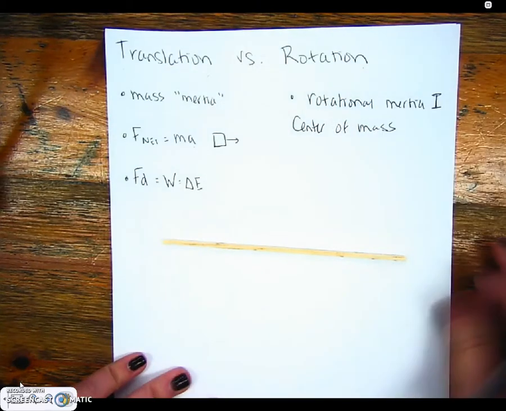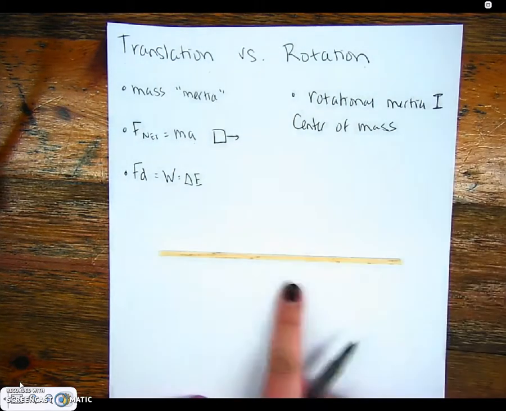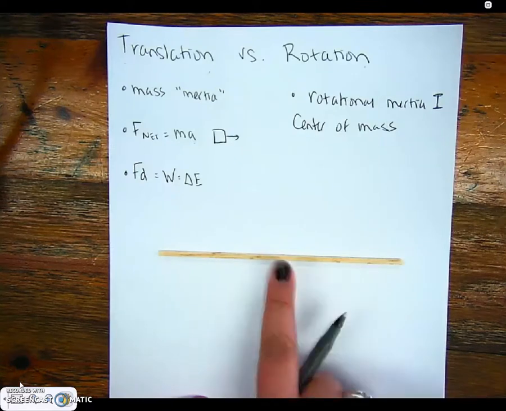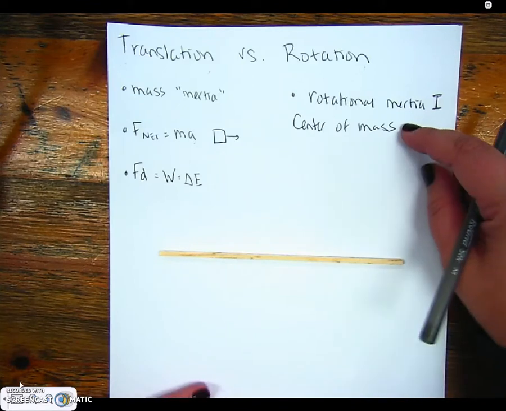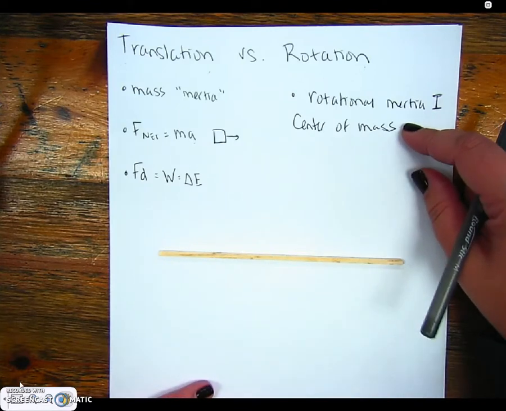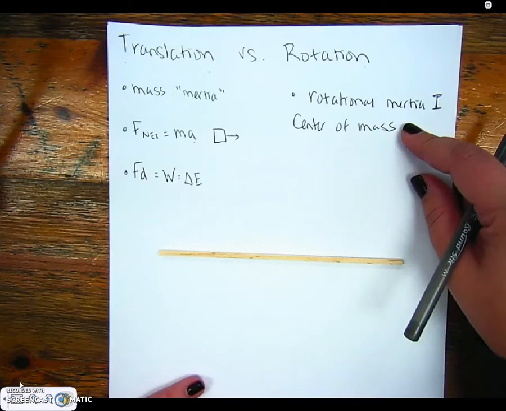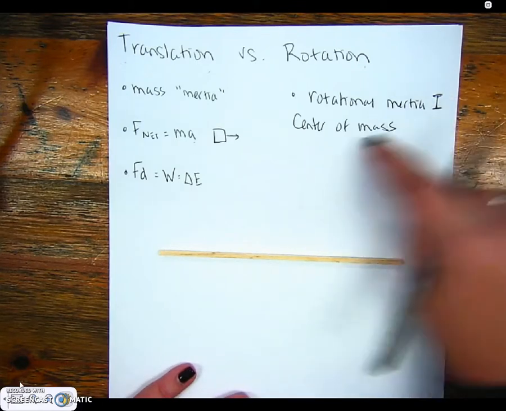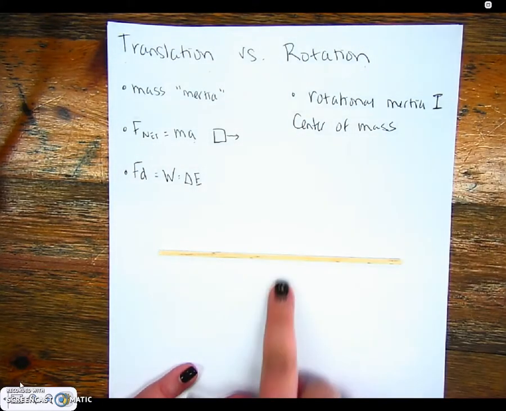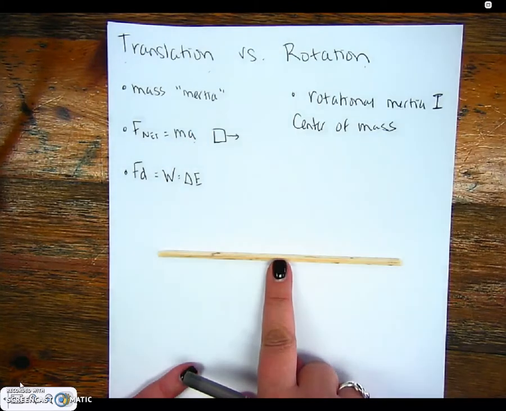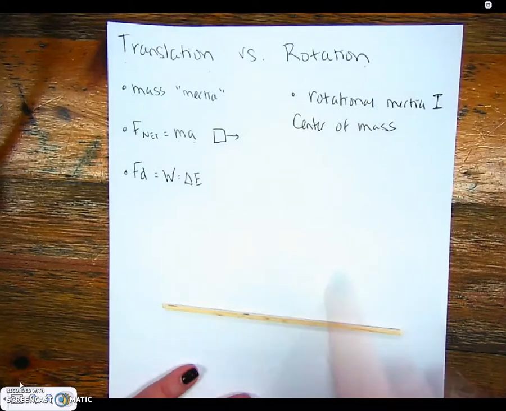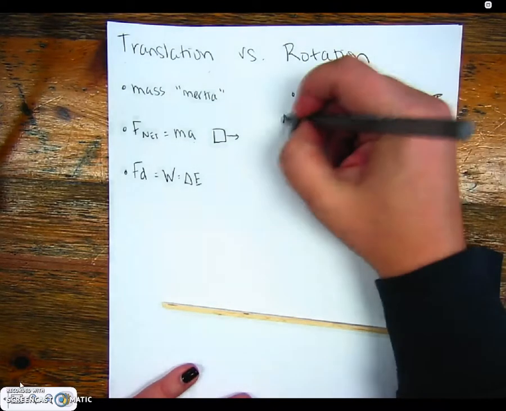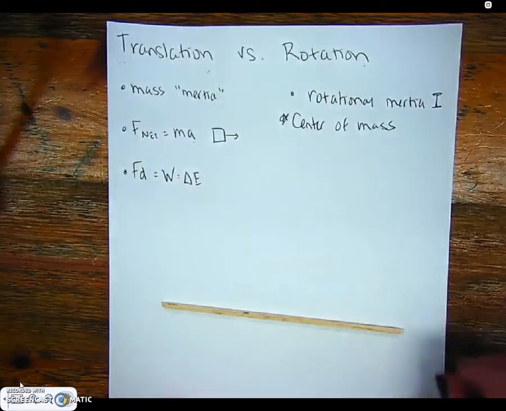The center of mass is the place right in the middle where the mass is evenly distributed around the outside of it. We'll be dealing with pretty uniform objects, so it'll be easy to tell where the center of mass is. It's where, if I apply a force, that object would translate rather than rotate. We'll do a couple of activities with this idea of center of mass.